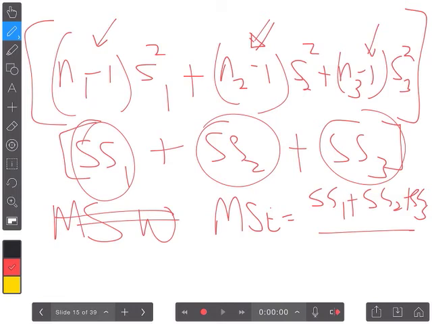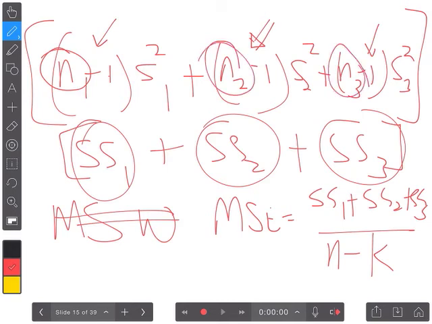If we add them all up together, what we will find is that it becomes n minus k. Here's why. The sample for treatment 1, plus the sample for treatment 2, the sample for treatment 3, all adds up to the overall sample size. But look at this, we have 3 treatments. So 1, 2, 3. That's the k treatments right there. And so it's n minus k.